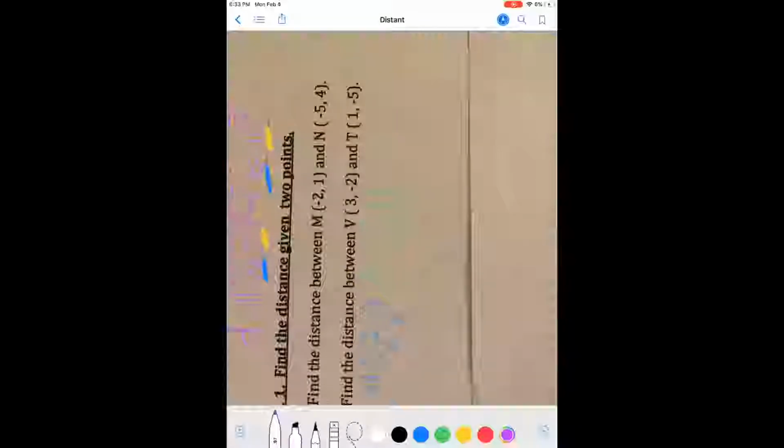So we started with the formula, the square root of (x2 minus x1) squared plus (y2 minus y1) squared. Now we're substituting in those values. Hold up, let me change that color for you.